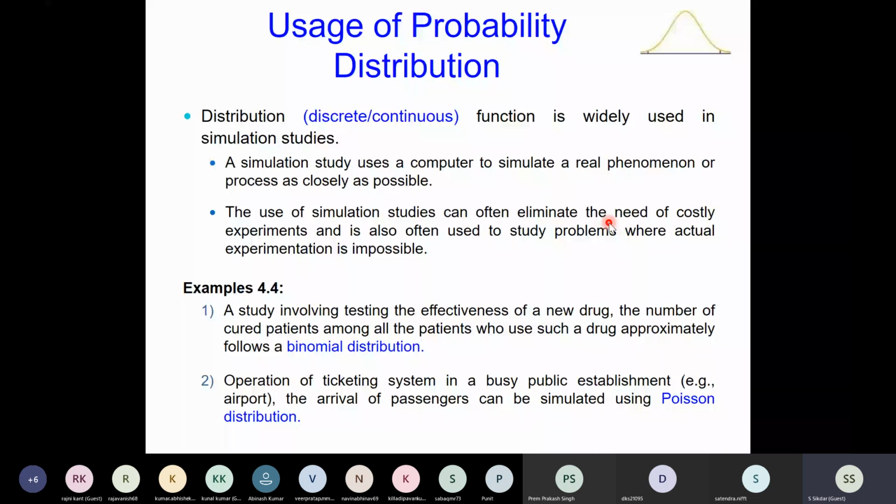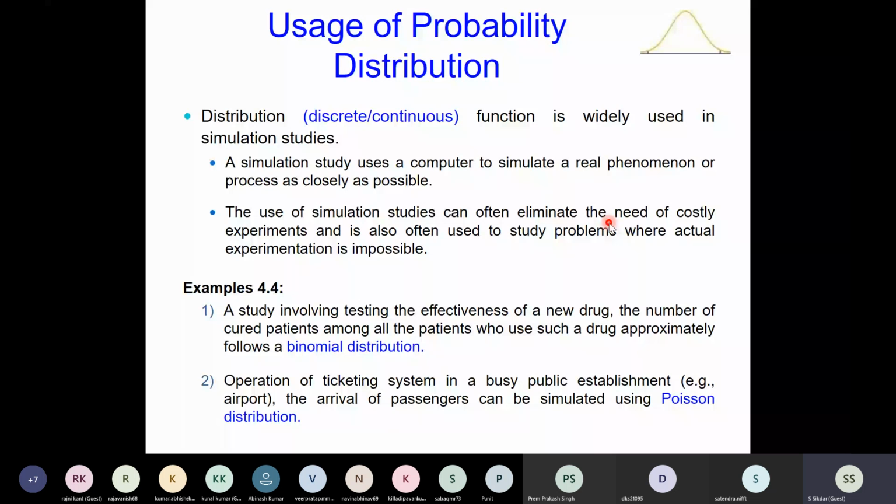So you just take some people for trial, and you try with them, and if it becomes successful, then you can be sure. So it eliminates the need for the costly experiment. Otherwise, who is going to give the compensation?